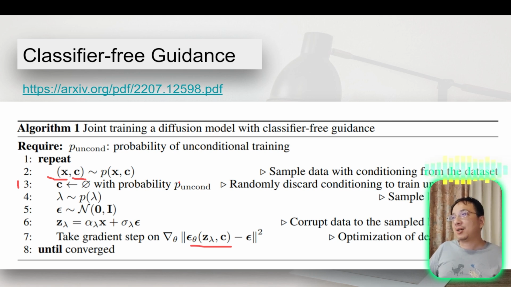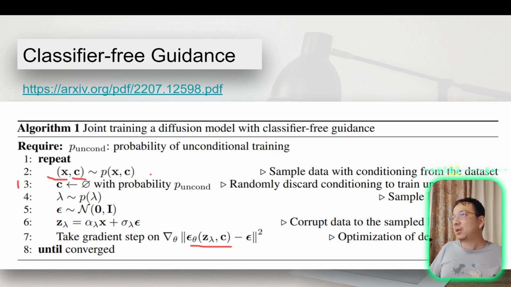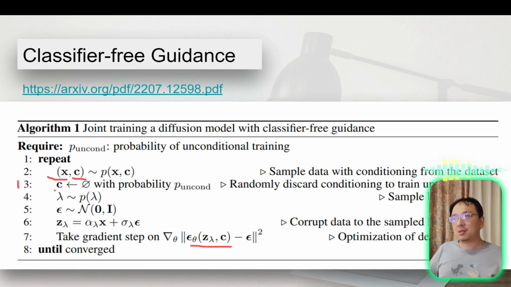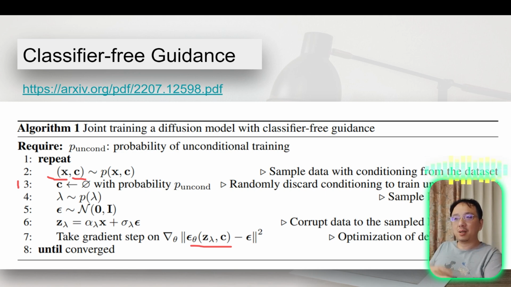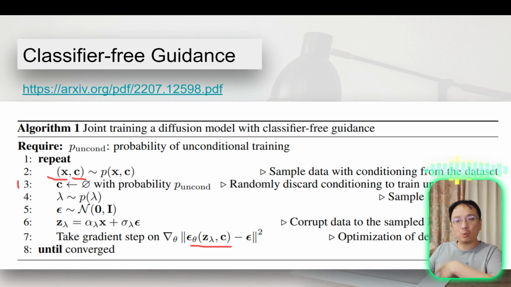However, classifier-free guidance has one more modification. This modification is that we wish to train an unconditional model together with a conditional model. So we wish to train them simultaneously. We don't want to train them separately. In principle, we can do two independent training processes. One is for the conditional training, and the other one is for the unconditional training.